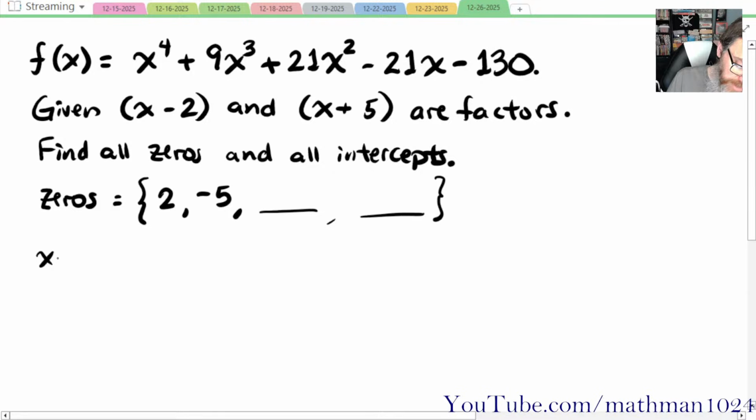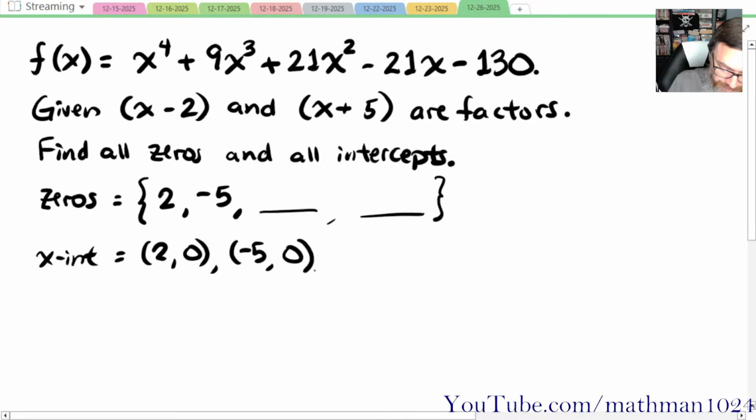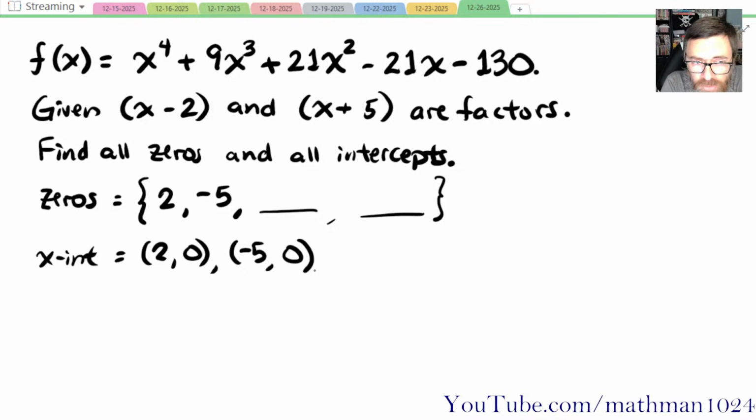For our intercepts, let's see if we know anything about our x-intercepts right now. Well, 2 and negative 5 are both real, so each one of those gives me an x-intercept. So that would be 2, 0, and negative 5, 0. Now, I don't know if I had 2 more. It all comes down to whether those 2 remaining zeros are real or imaginary.